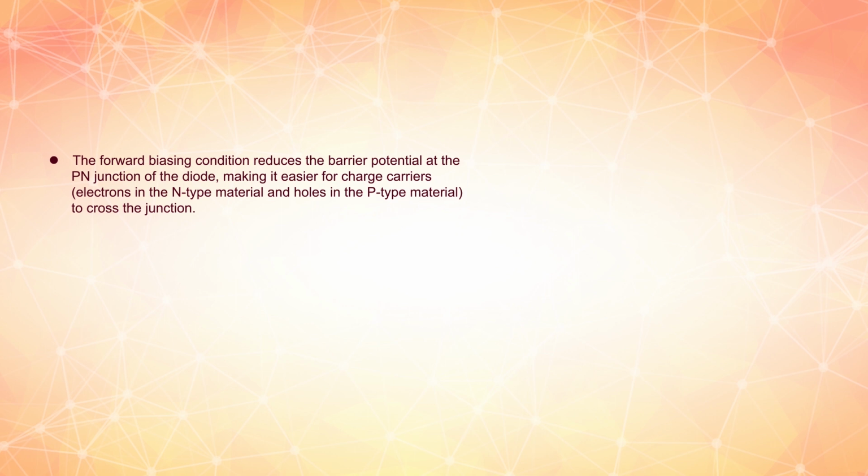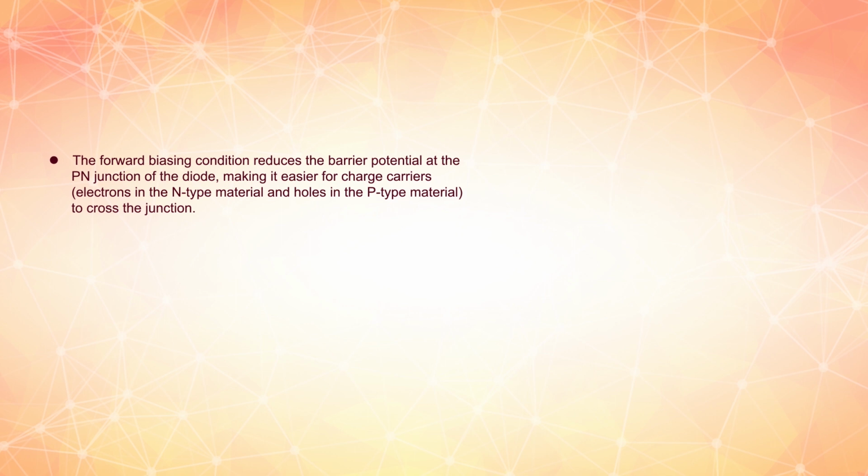In simple words, we can say how current can move from one end to another end. Current can only move when the majority carriers cross from one region to another region. So, when the forward voltage is applied, the barrier potential at the p-n junction of the diode gets reduced, making it easier.